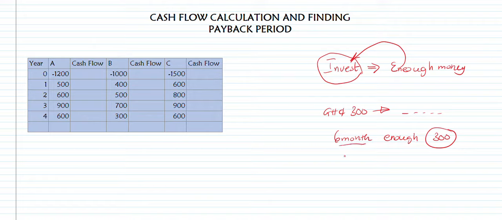Now, this 6 months is my payback period. That is the month or year that I was able to make enough money to cater for the money that I borrowed from a friend to start the business.